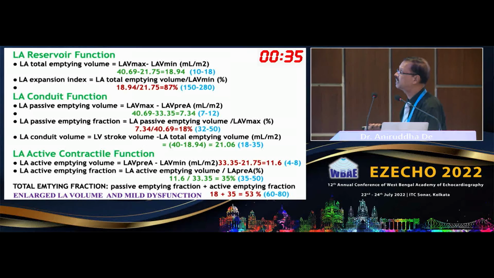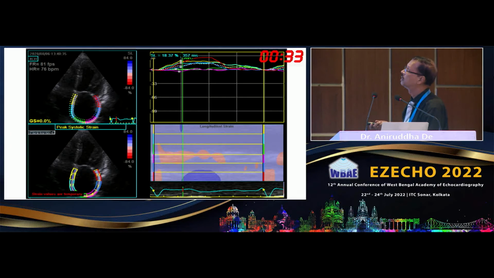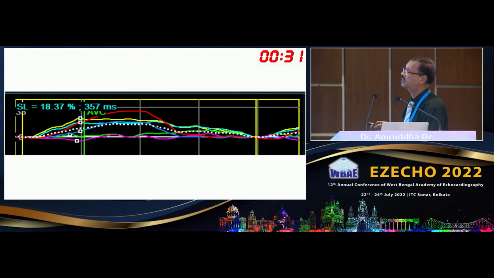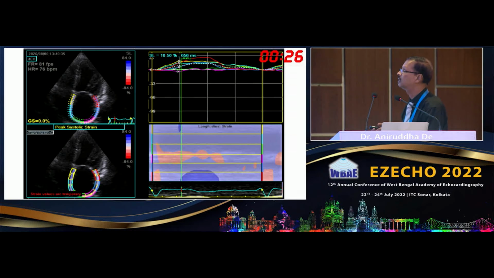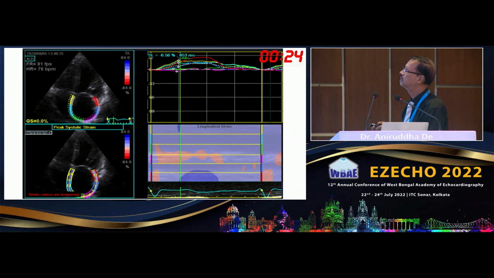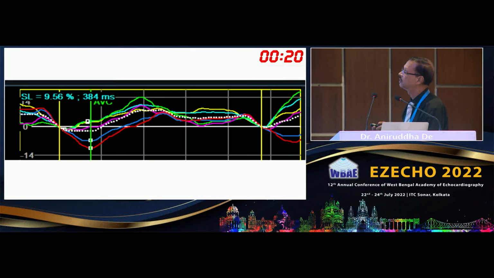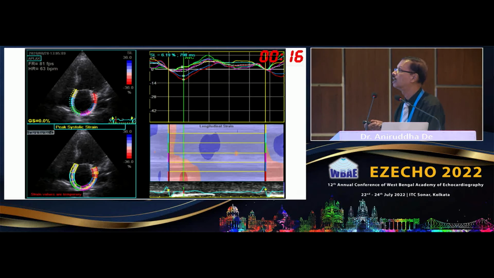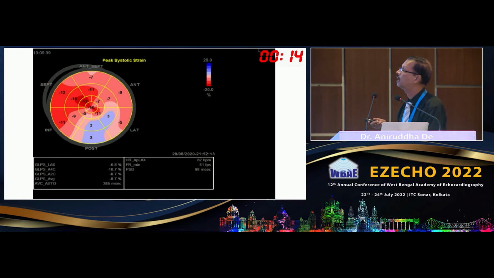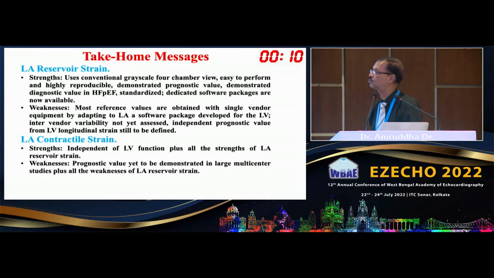Now coming to the second case, you see the reservoir strain is decreased, nearly 18%, and 10 and 6. And in the last case, you can see the reservoir strain is only 9 and then 6. And of course, in the last case, this is the LV strain I have shown you.